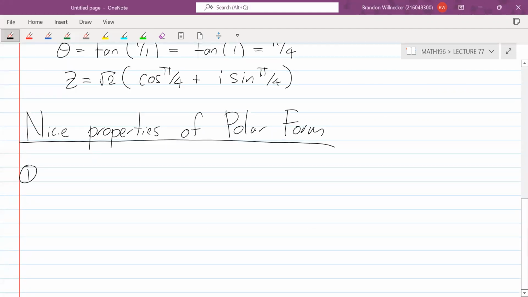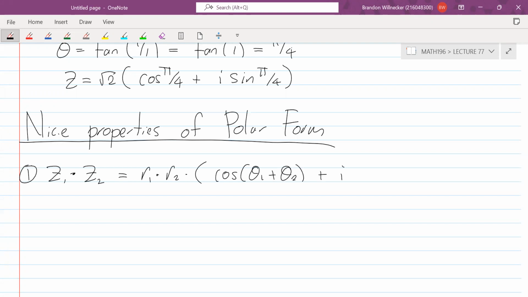So number 1, if I have z1 times z2, the product of two complex numbers, we know how to do that in Cartesian form, and doing it in polar form is very simple as well. It's going to be r1 times r2, and then it's going to be cos theta 1 plus theta 2 plus i sin theta 1 plus theta 2.